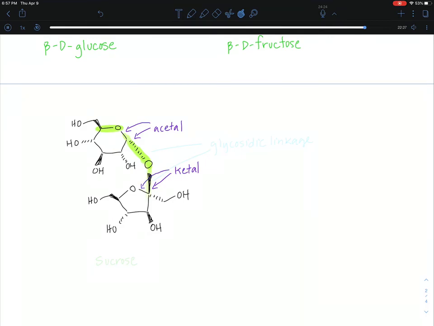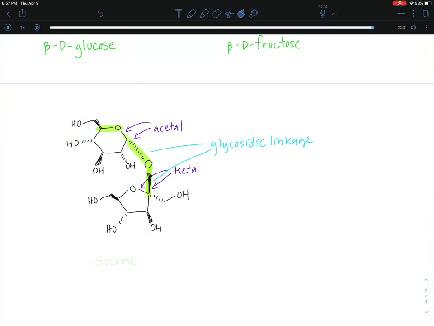Let me highlight this. For carbohydrates, this is pretty specific. So we've actually created a glycosidic bond. The glycosidic bond, this is not part of this chapter, but if you're taking a nutrition class, you might be curious about this. The glycosidic bonds are here and here. We've got an alpha linkage from the glucose and a beta linkage from the fructose.